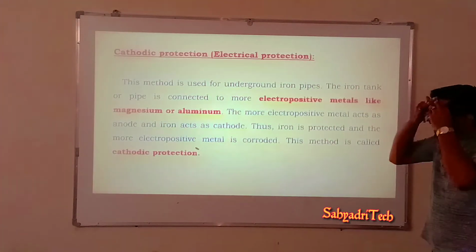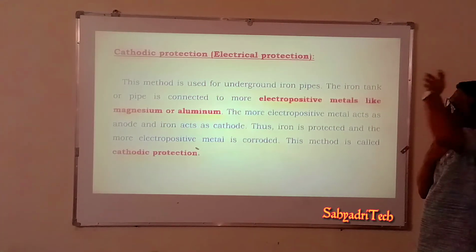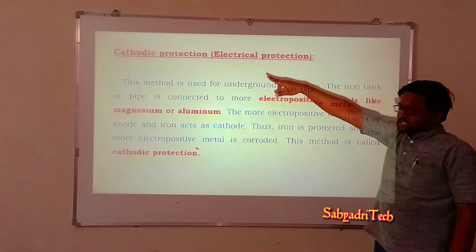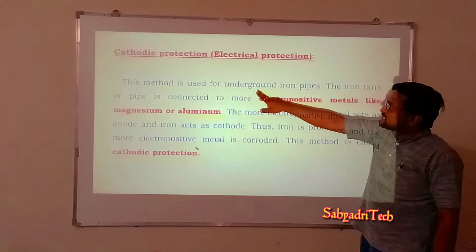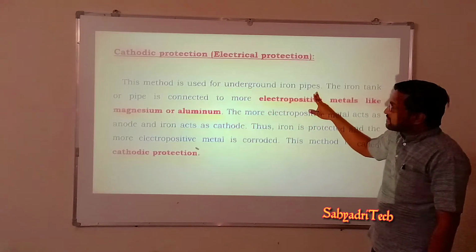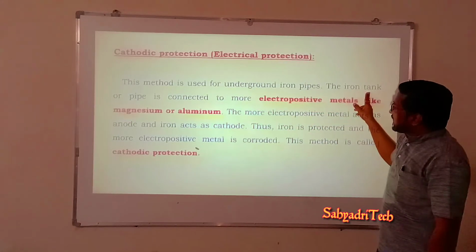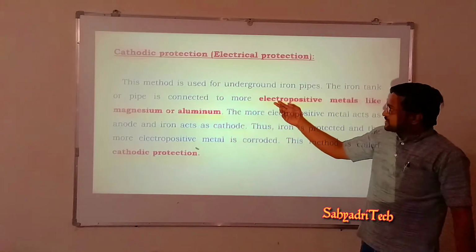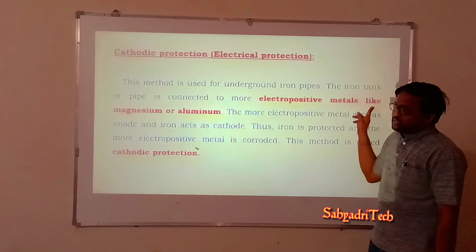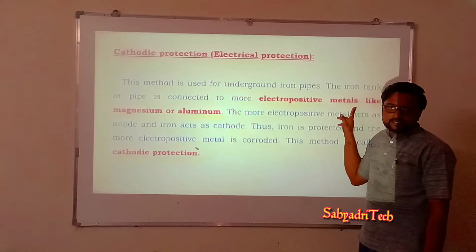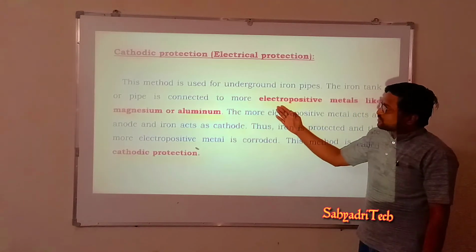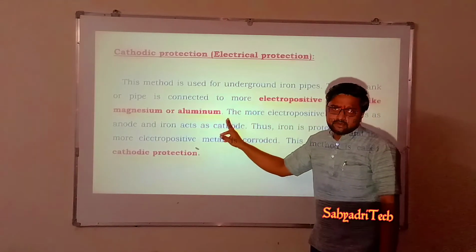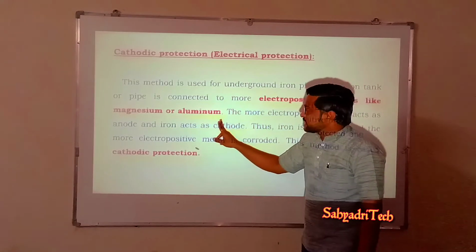Well, this cathodic protection method is used especially for underground iron pipes. The iron tank or iron pipe is connected to more electropositive metals. The surface of iron is again coated with more electropositive metals like magnesium or aluminum. So by doing so, what happens?